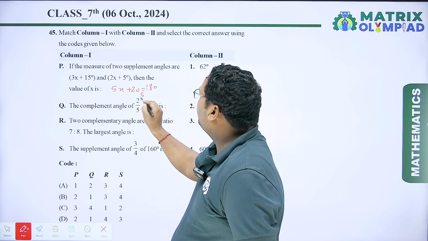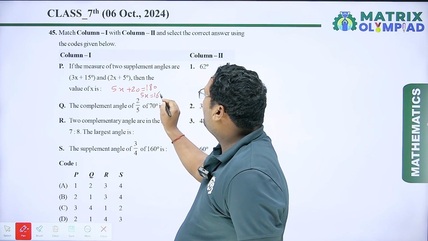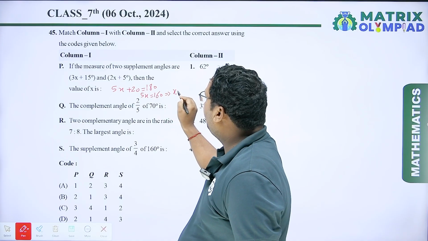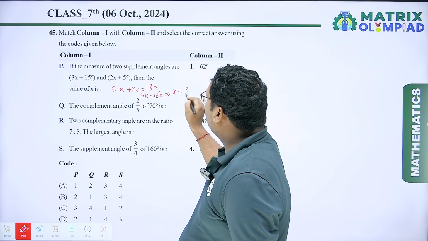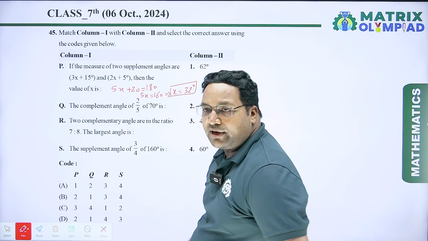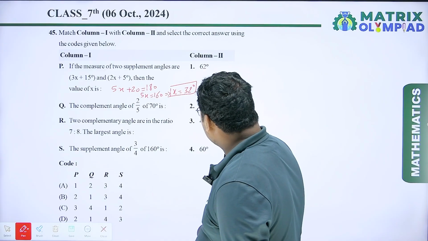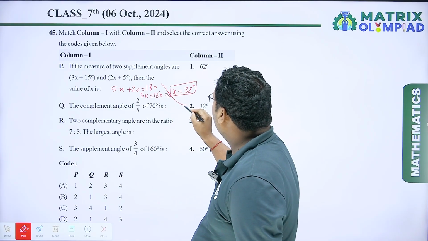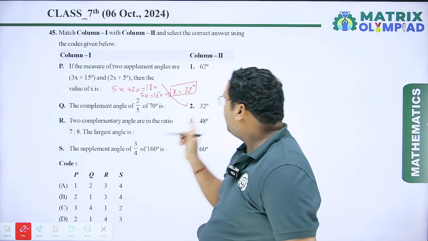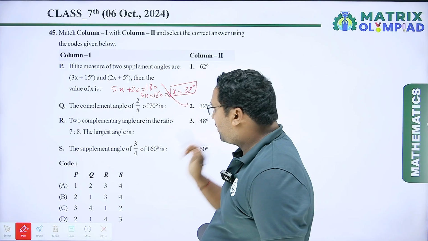Solving this equation, we get 5x equal to 160 degrees, so x equal to 32 degrees. So for P it is option 2.